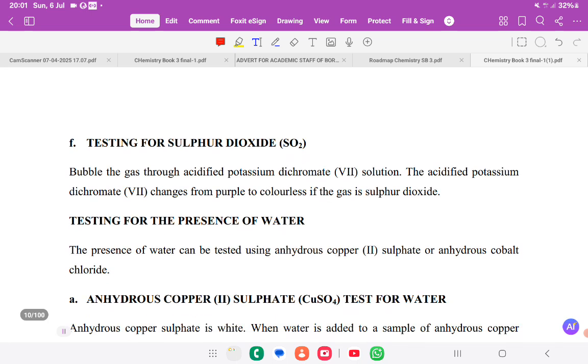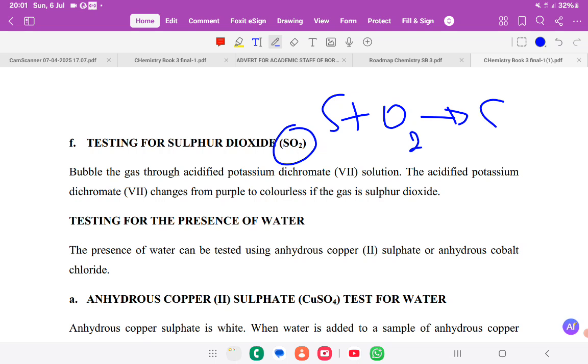Last but not least, testing for sulfur dioxide. Sulfur dioxide is also a gas. It is formed when sulfur reacts with oxygen. It is going to form sulfur dioxide, SO2. All right, so how can you tell that a given chemical reaction is producing sulfur dioxide? All you have to do is bubble the gas through acidified potassium dichromate.